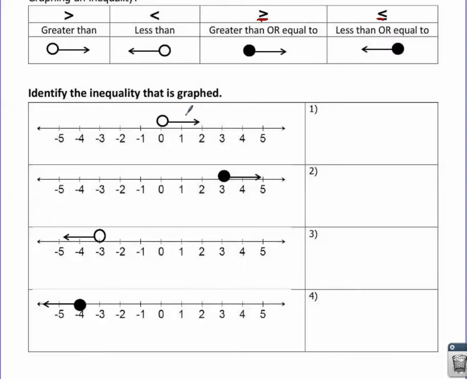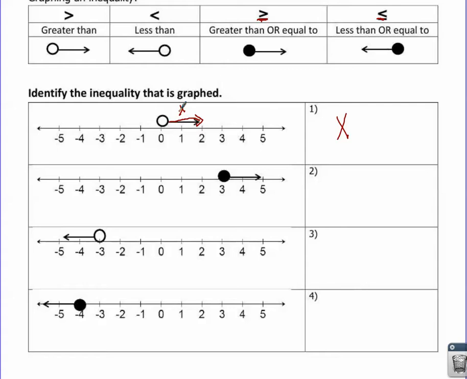Identify the inequality that is graphed. For example, here, you write your variable. I'm going to use X. My symbol, this is an open dot, so it's either going to be a greater than or a less than. This line, your shaded region, that represents your variable.